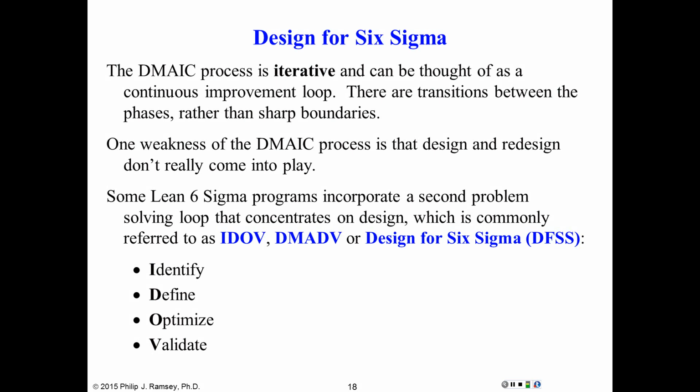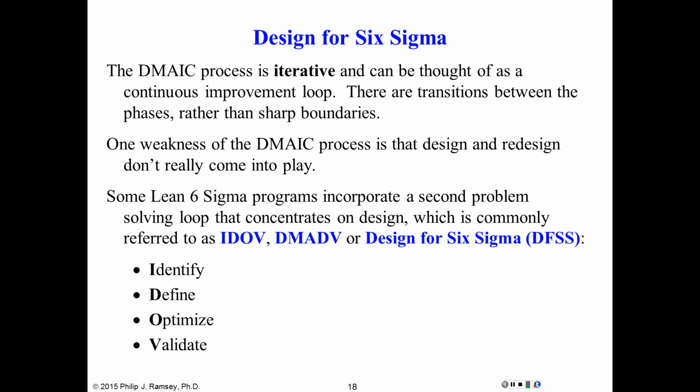So there are other forms of Six Sigma called Design for Six Sigma, and if we have time at the end of the semester, I'm going to come back to this topic, but there are analogs of the DMAIC cycle, with probably DMAIC being the most common, and I'm not really going to get into it at this time, but you would do the design for Six Sigma.